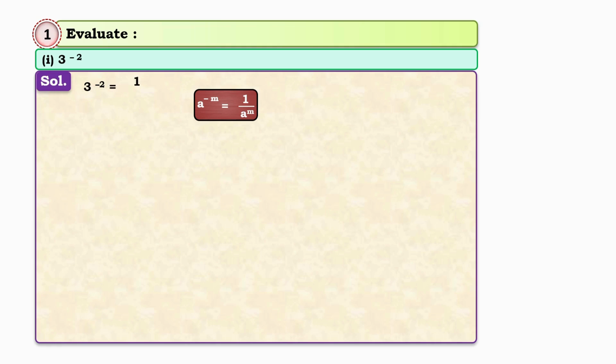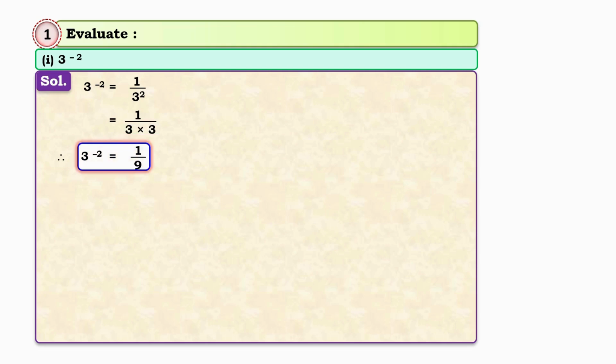So I am showing you step by step how we can do it. Which becomes 1 by 3 to the power 2. So which is 1 by 9. So this is the answer.